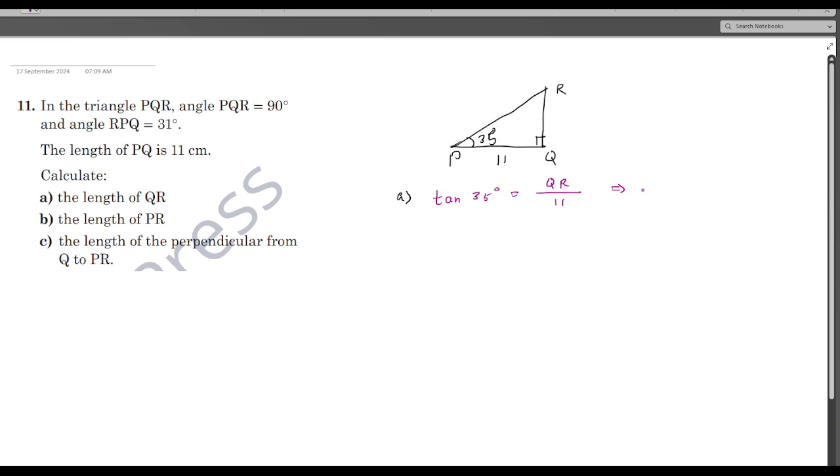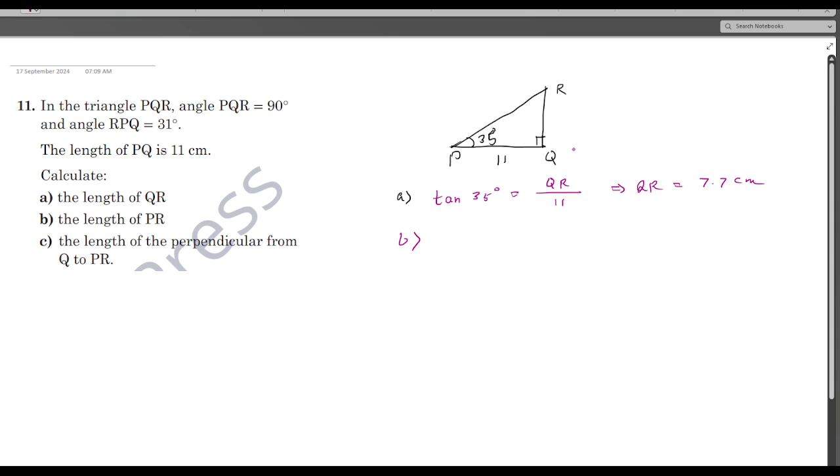So this gives you the value of QR as 11 times tan 35, which is 7.7. So QR is 7.7 centimeters.